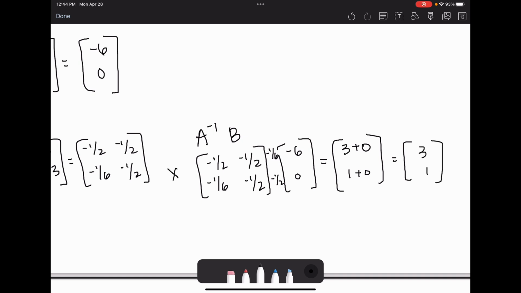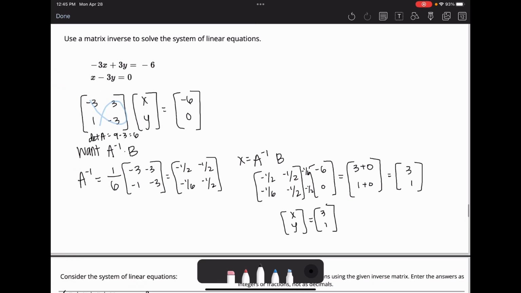And remember, that's x equals, right? This is x equals. And so that's x, y equals 3, 1. Yay, so x is 3, y is 1. So that's the point of using the inverse to solve the system of equations.